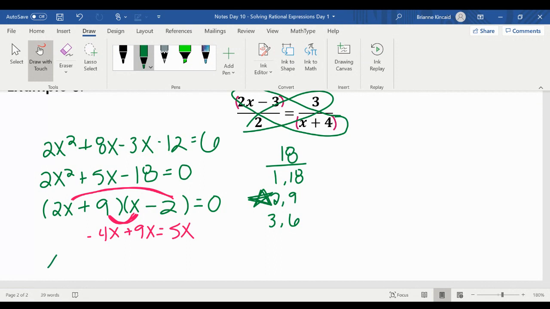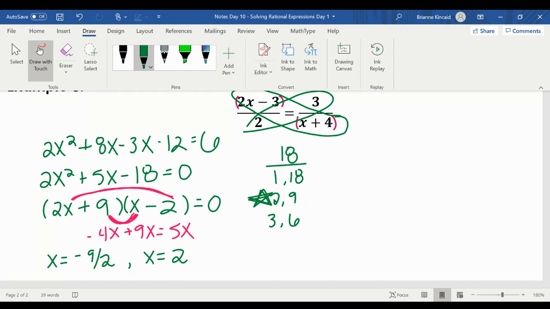So for the first one, I'm going to get an x value of negative 9/2. And for the second one, I'm going to get an x value of 2. Yes, you still need to check them.